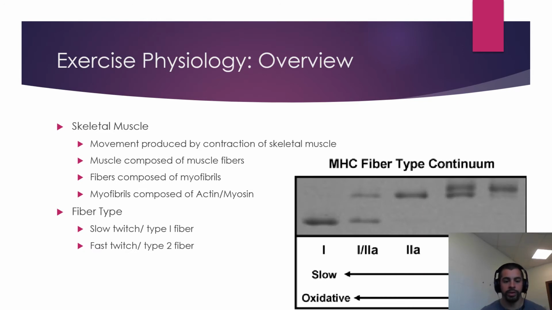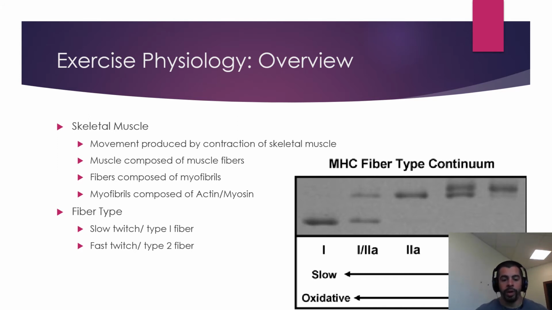Okay, we're moving on to muscle fiber typing, muscle fiber type. What you guys should know about skeletal muscle is that we've got primarily two fiber types, slow twitch and fast twitch, right? Our fast twitch are called type 2 fibers. Our slow twitch are type 1 fibers.